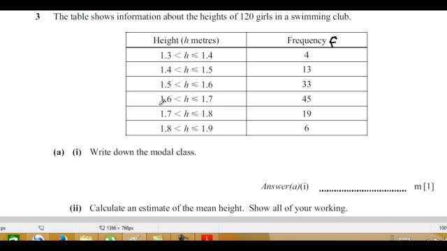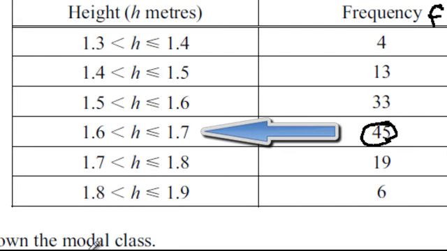We are asked to find the modal class. The modal class is the class which is in front of the highest frequency. We can see the highest frequency, meaning the highest number of girls in this column, is 45. So 45 is the highest frequency, and the class in front of it is the modal class.